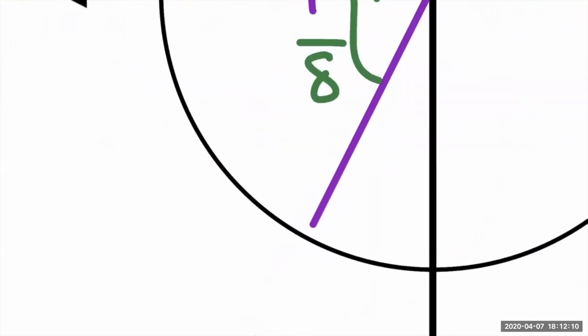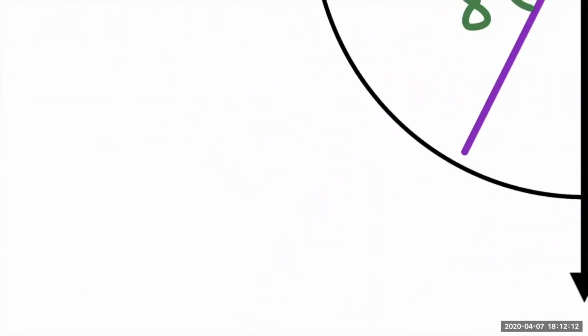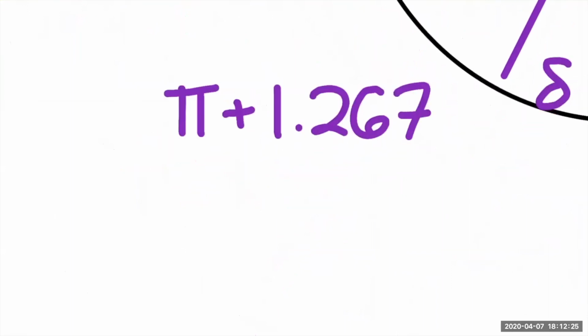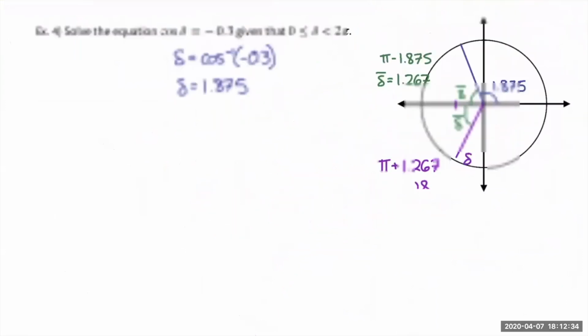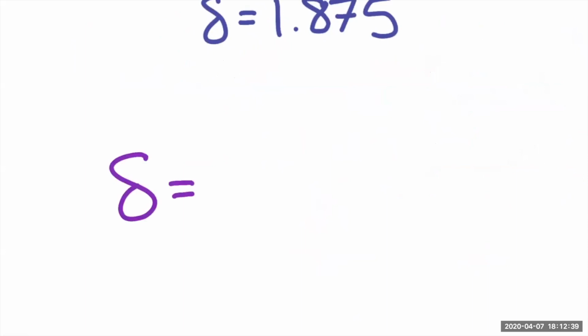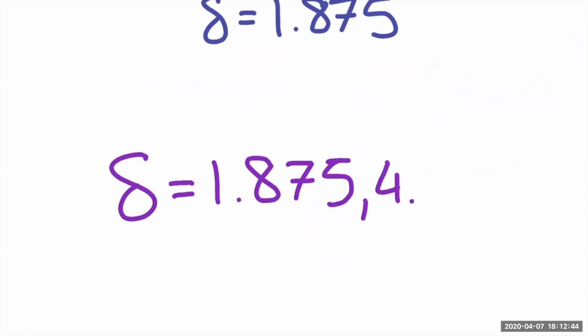So in order to find the measure of our delta in purple in quadrant 3, we can take pi and add on our reference angle, which we just found to be 1.267. And that's going to give us 4.408. So our two solutions for delta are 1.875 and 4.408.